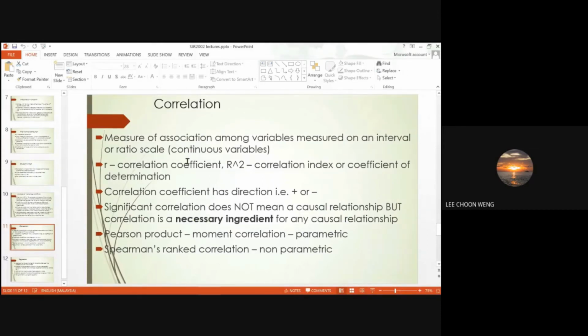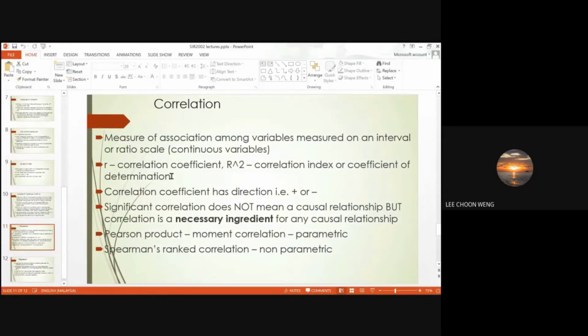Other than T-test and ANOVA, you can also carry out correlation. Correlation is a measure of association among the variables. When you carry out correlation, you'll get an R, the correlation coefficient. You can also generate an R squared, which is the correlation index or coefficient of determination.